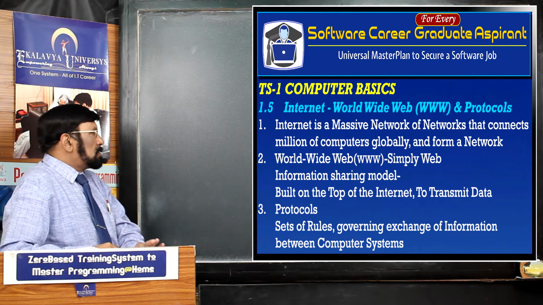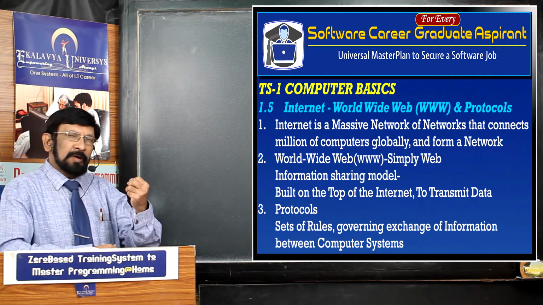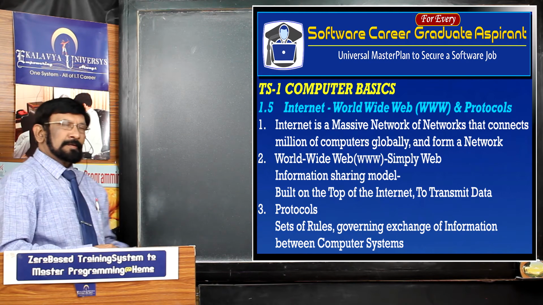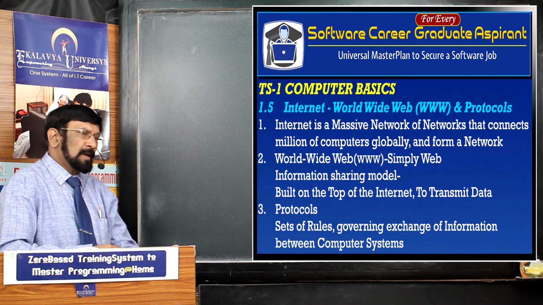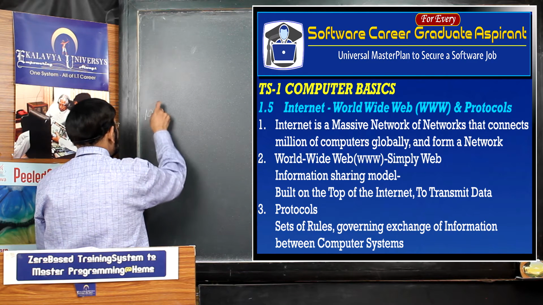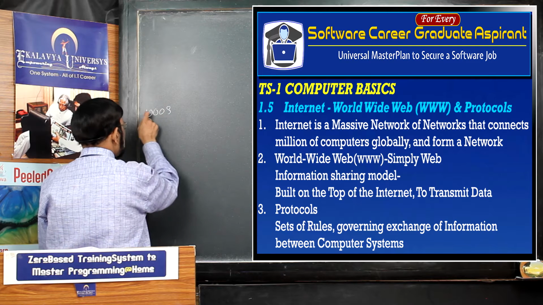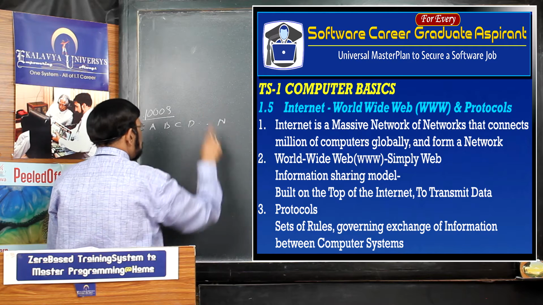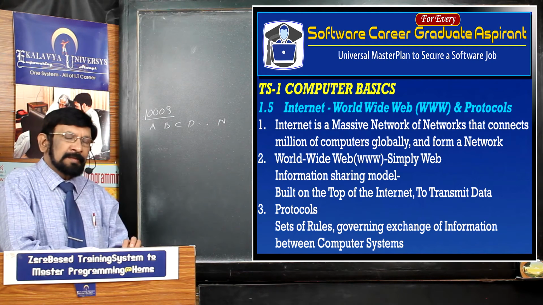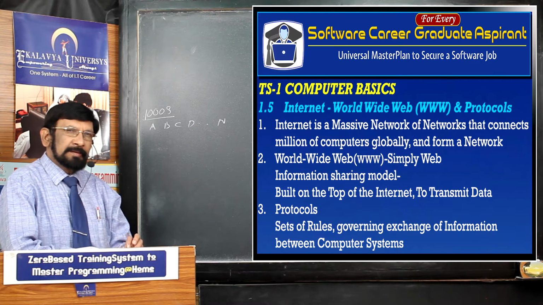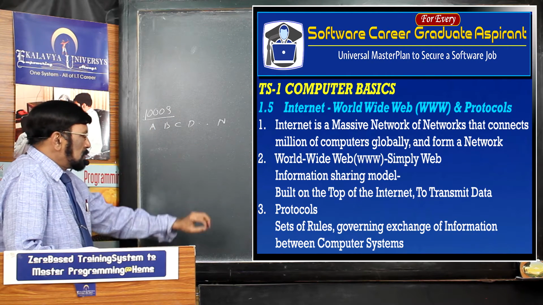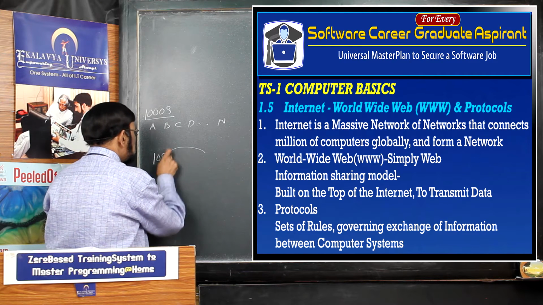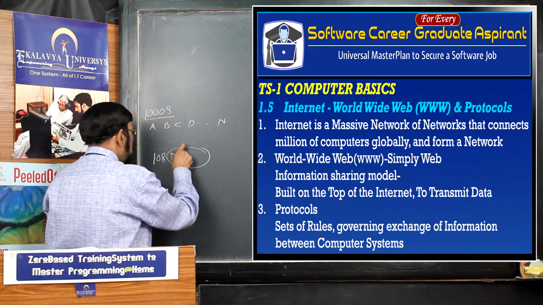Okay. Now, first let us see the product distribution system because you can easily understand that. There are numerous manufacturers in the world and they produce thousands of products, like A, B, C, D, N. Then, in order to provide them to consumers, they appoint tens of distributors.